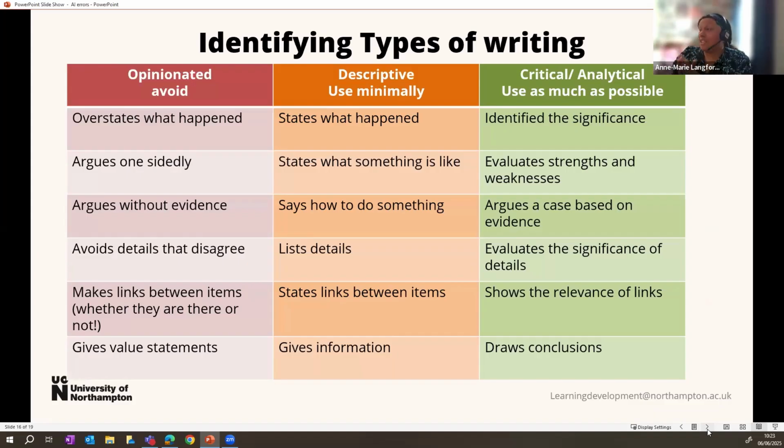So I give this to them, and then I say, right, can you find any instances of that writing being opinionated, descriptive, critical, analytical? And usually the pieces that they generate are largely descriptive.